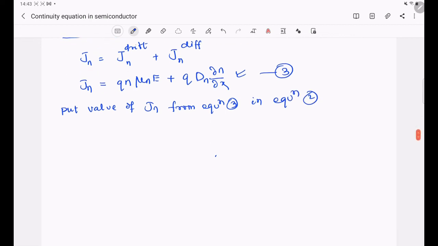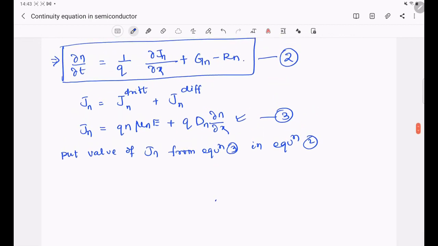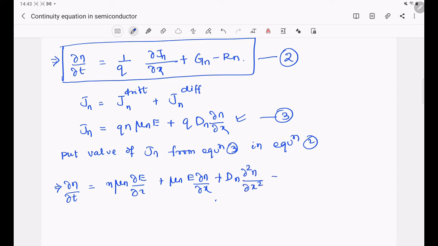So if I put this value, I can rewrite equation 2 as del n by del t equals, let's put the value and rewrite the equation, n into mu n del E by del x plus mu n E into del n by del x plus Dn del square n by del x square plus Gn minus Rn.